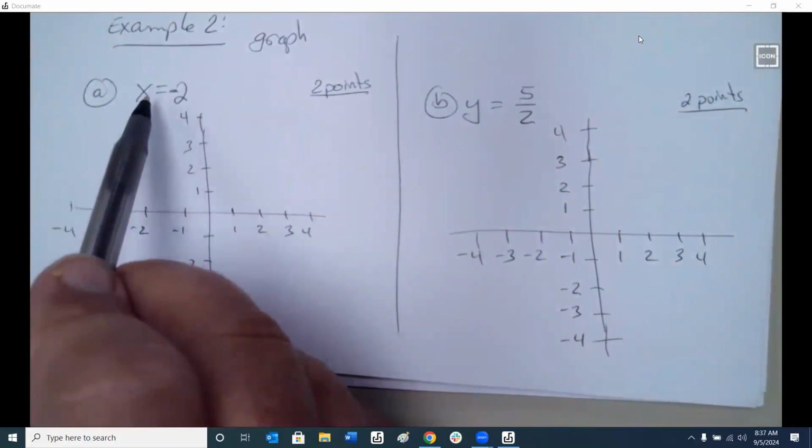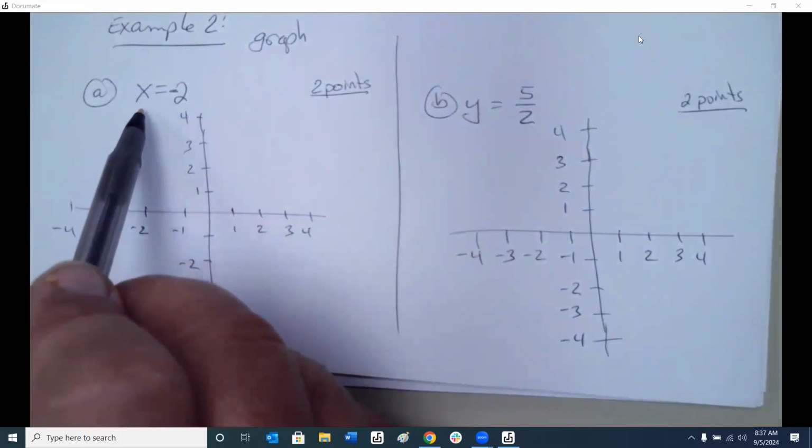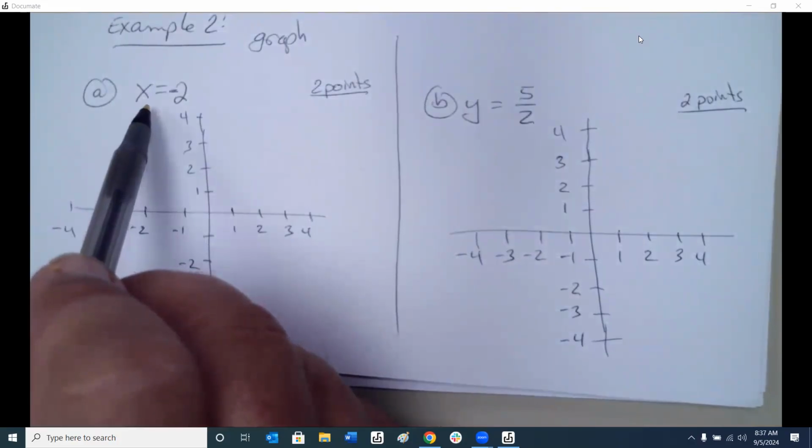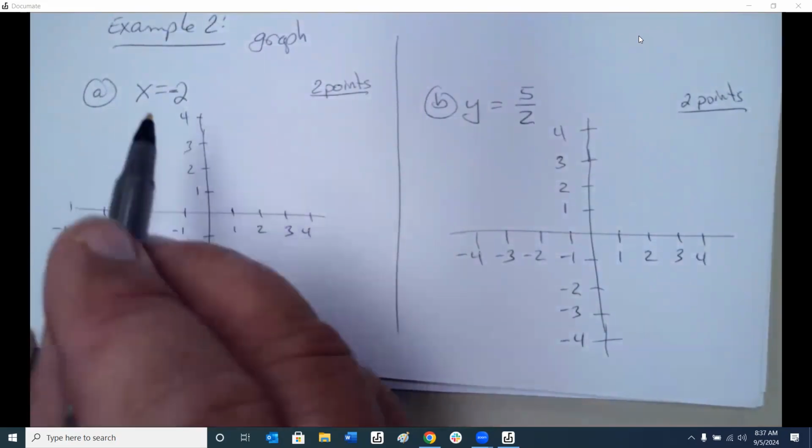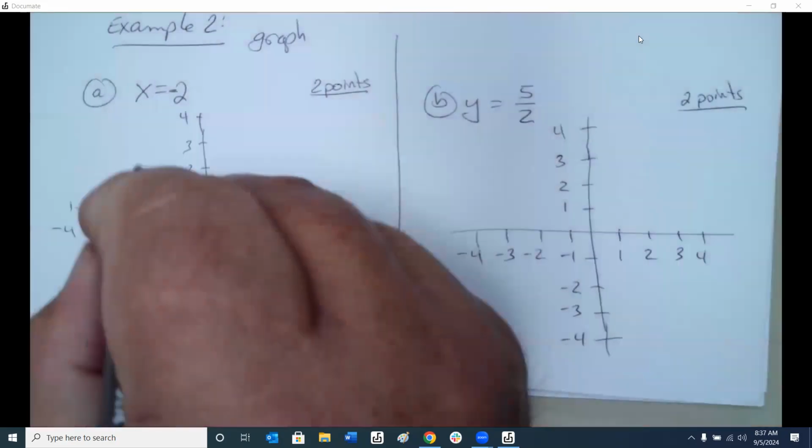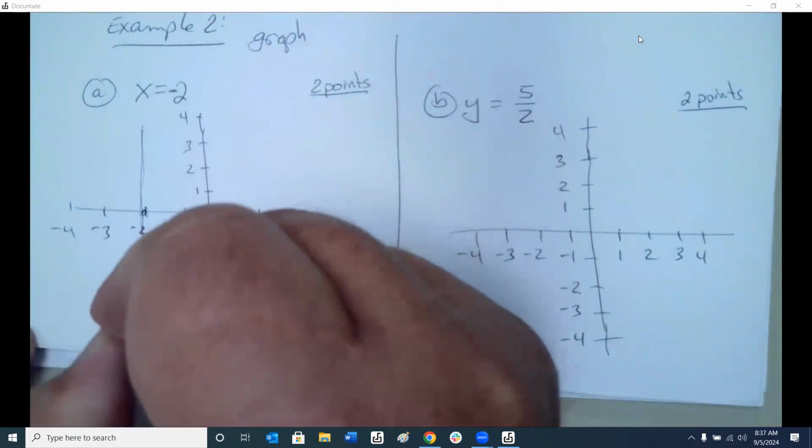Since it only has an x variable, can it cross the y-axis? No. So what kind of line is this? It's a vertical line. And since it goes through x, it's a vertical line. There's your graph.